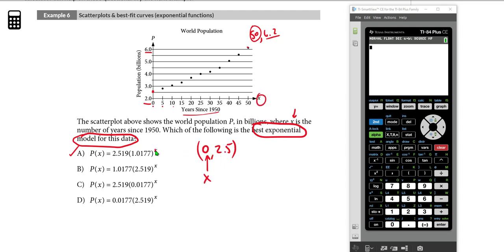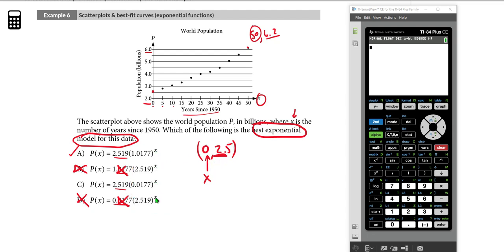Well, remember, when 0 goes in for all of these X's, all of these terms become 1s, which means you're just left with the values before the parentheses. Well, this guy and this guy wouldn't give us something around 2.5, right? 2.519 times 1 is 2.519. This would give us 1.0177. So answer choices B and D don't give us the right y-intercept.